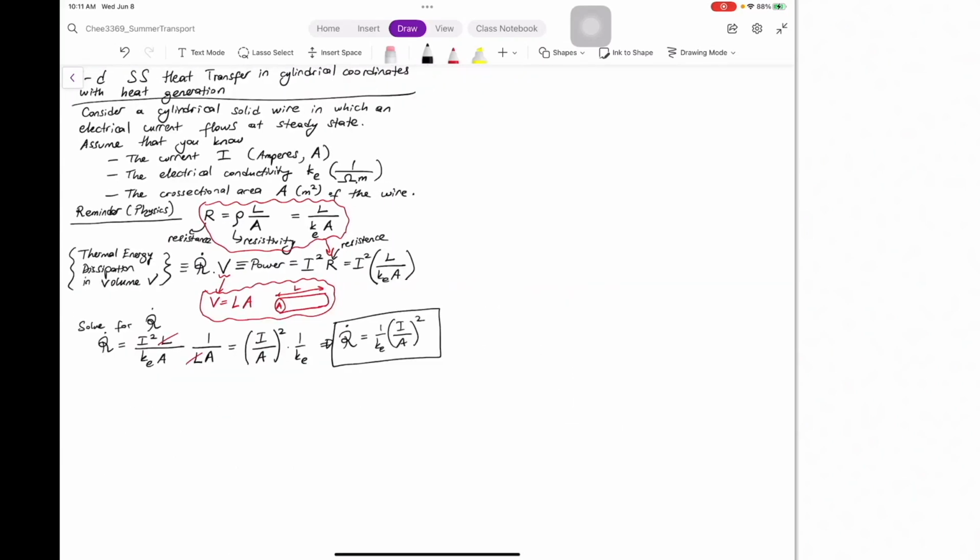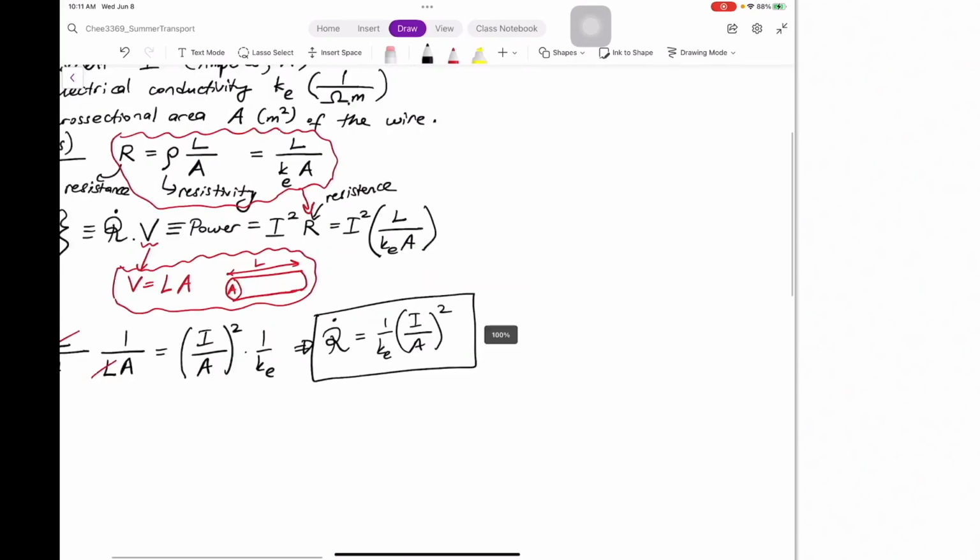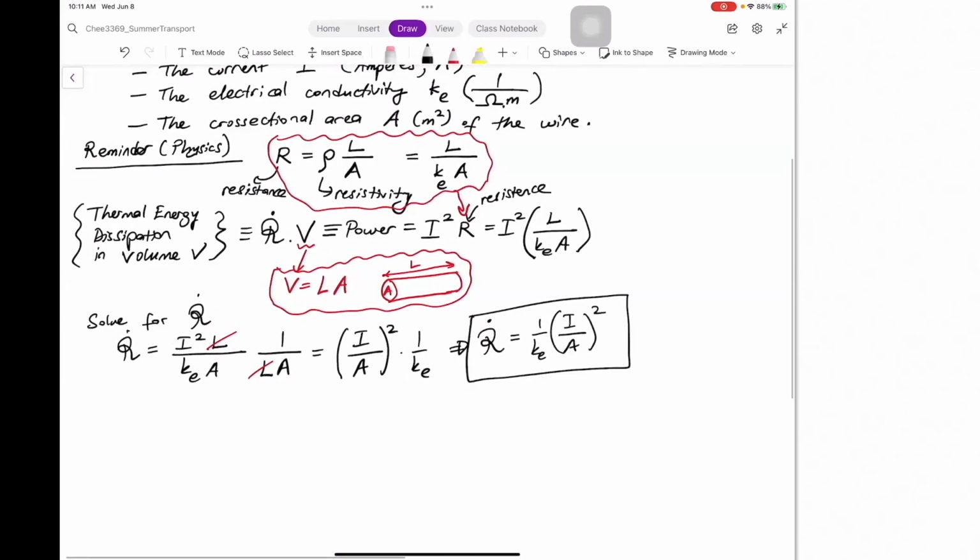Okay, that's one thing. So these are all reminders from our physics classes. Now I have an expression for my volumetric heat generation rate, so I can actually make use of it when I write down my shell balances and derive the flux as a function of position, and then the temperature as a function of position, and so on. Okay, and let's give more details about my system.